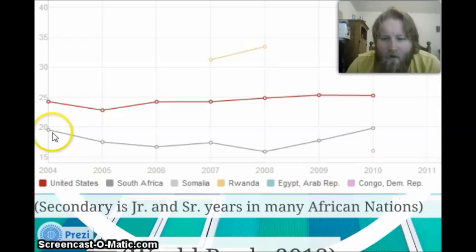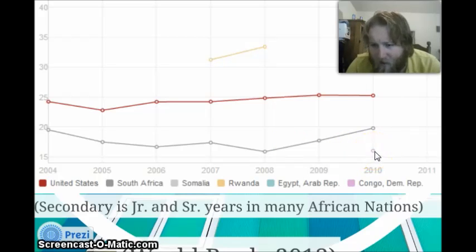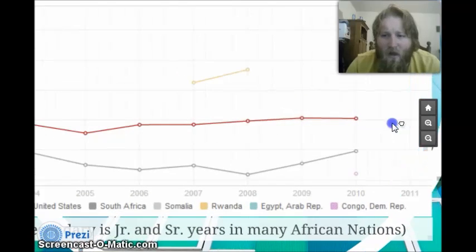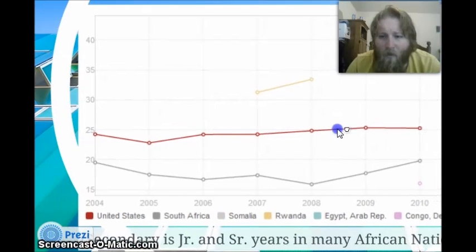And then Somalia here, seeing jumps, and it's really not a lot of percentage GDP that they're spending, especially in 2008, on secondary education. And then, of course, Democratic Republic of Congo down here in 2010. What I think is interesting here is Rwanda.